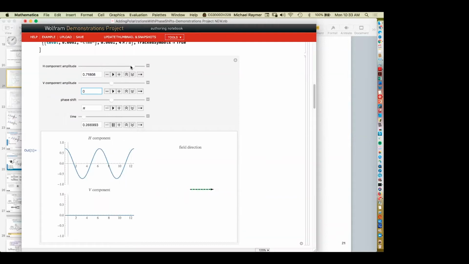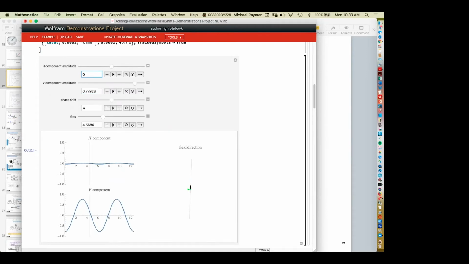Okay, now if I turn that off and put in instead a little bit of vertical, and I need to put a 0 in here, and then animate that, of course we have the vertical polarization oscillating with this frequency of whatever. If for light, that vector would oscillate about 10 to the 15 times per second.